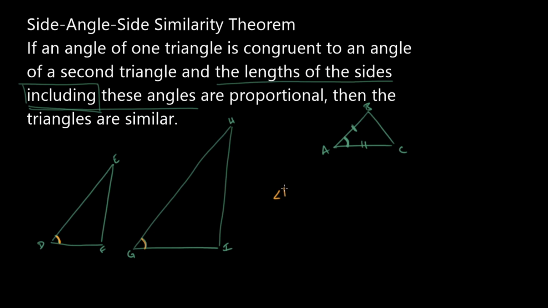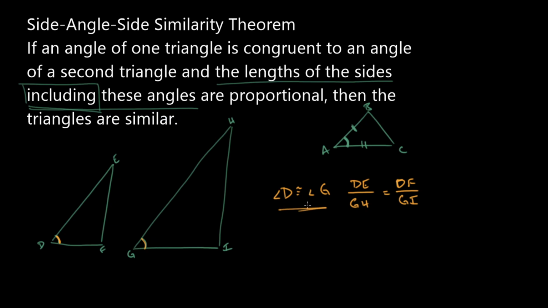So that's step one. Angle D is congruent to angle G. And if I also know then that the sides that include these angles are proportional, then these triangles are similar. So if DE, its length, over its corresponding length, GH, is equal to the ratio of DF to GI, then these two triangles are similar.